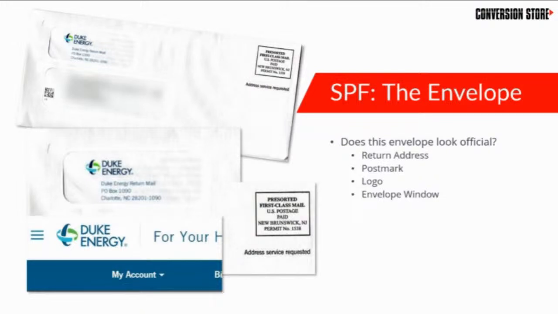If I go to their homepage, I can see that the logo on the Duke Energy homepage matches the logo on the return address of the envelope. So it's a pretty good sign that this envelope is in fact coming from Duke Energy, and they're sending me a legitimate piece of mail.